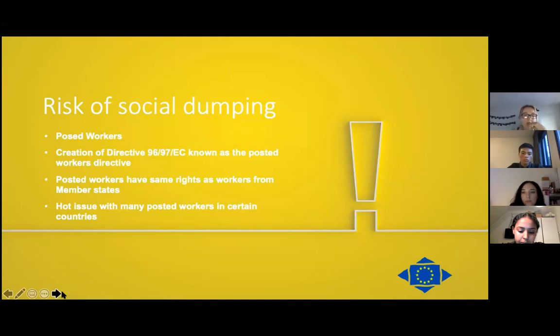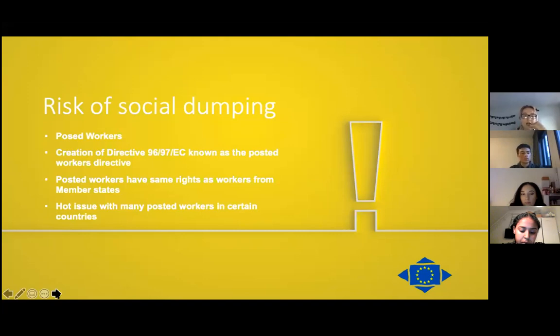To try and avoid situations like this, the European Union created Directive 96/71/EC, also known as the Posted Workers Directive. The directive orders member states to implement legislation to ensure that posted workers are entitled by law to a set of core rights in force in the host member state.